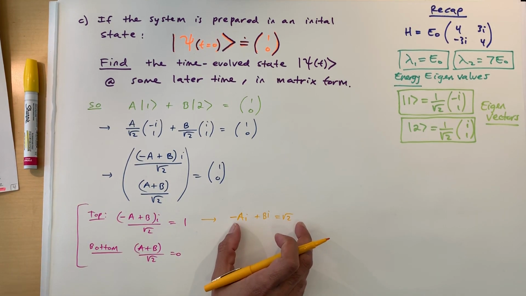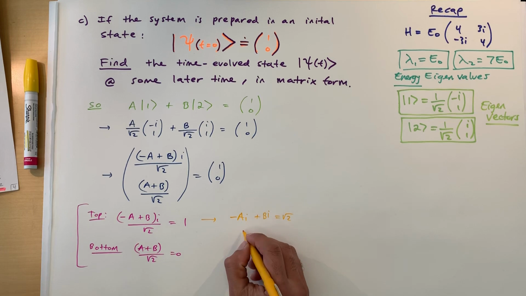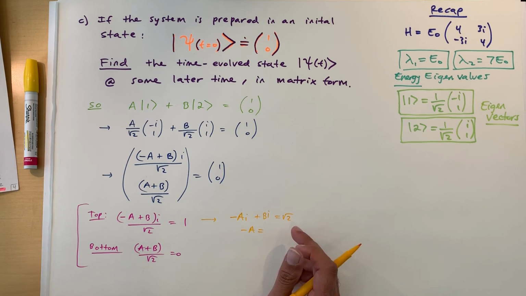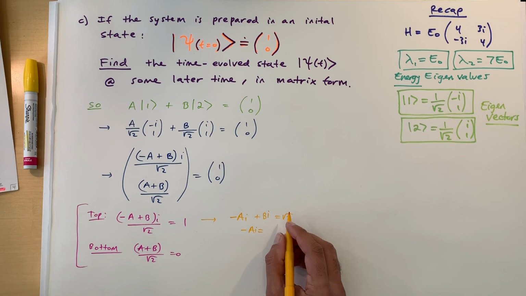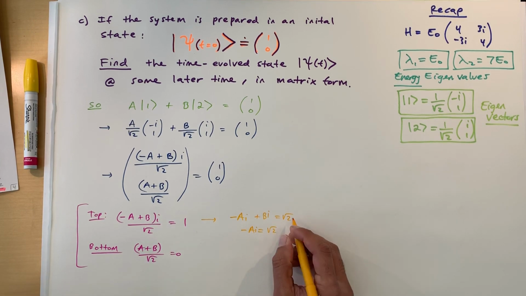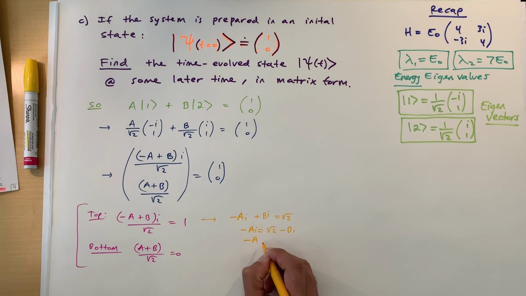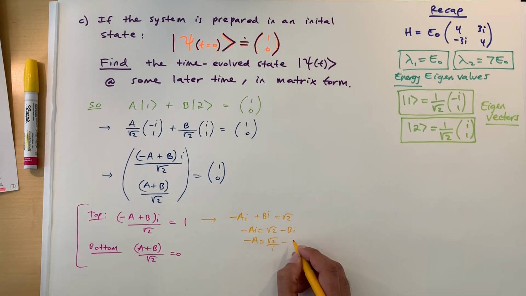Further solving, let's isolate the A. So we have negative A i, which is square root of 2, and this is negative B i, put on that side. And then we need to divide by i. So negative A equals square root of 2 divided by i, negative B, and the i's cancel.